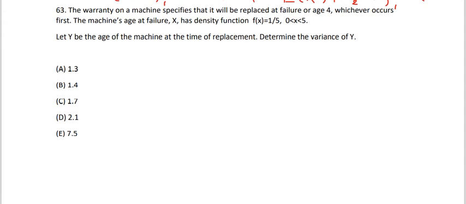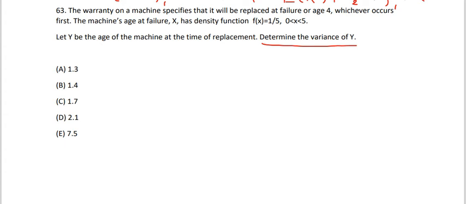Okay. So for problem 36, we want to find the variance of Y. At first, what is Y? Y is the age of the machine at the time of replacement.